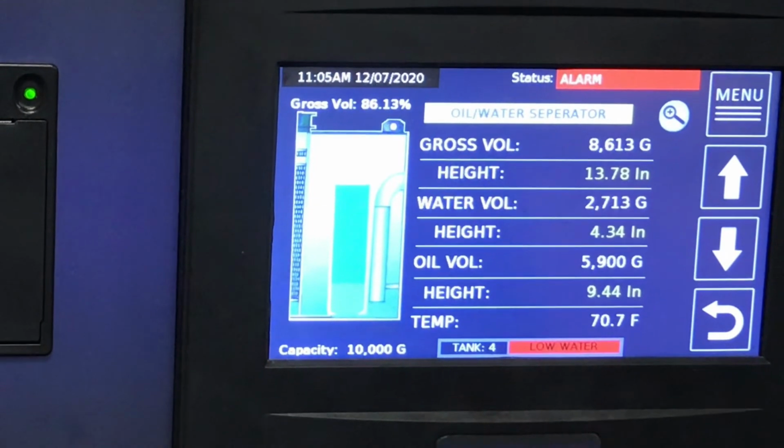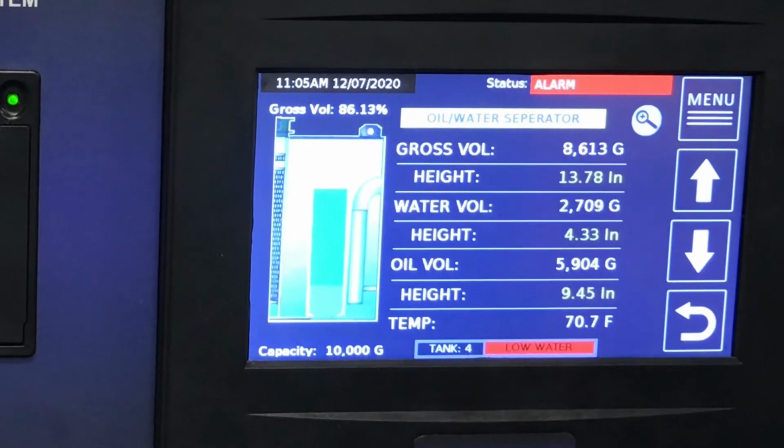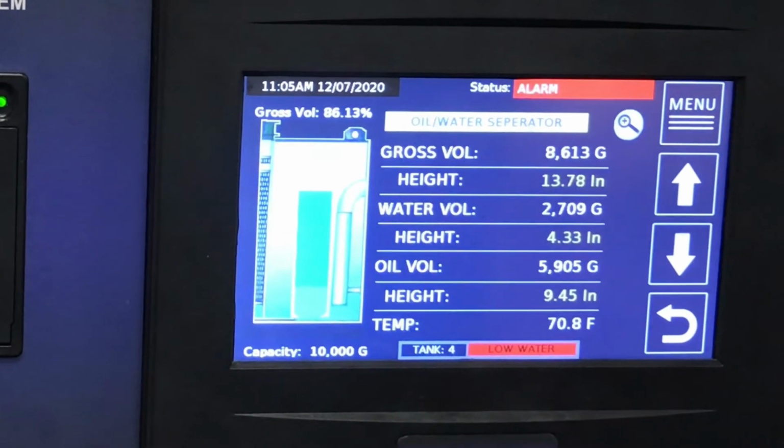This would be an important troubleshooting factor because you can see it's being caused by a high amount of oil.